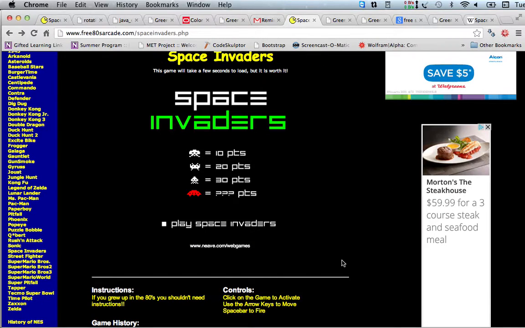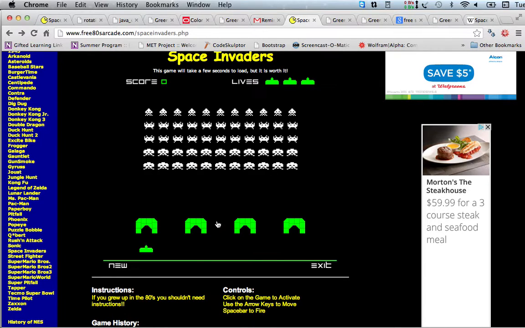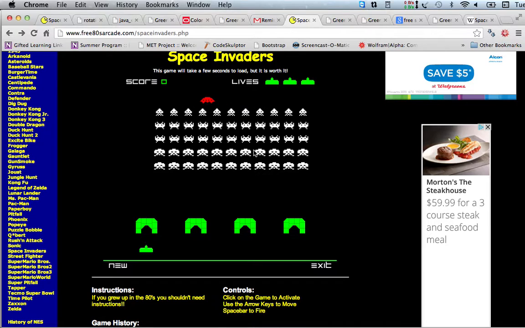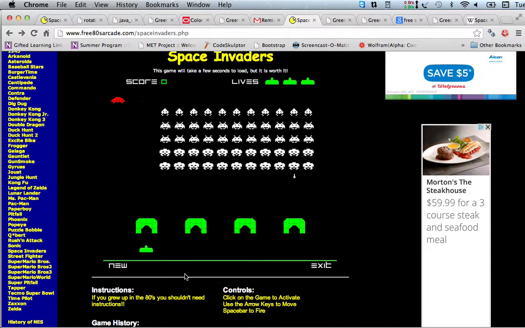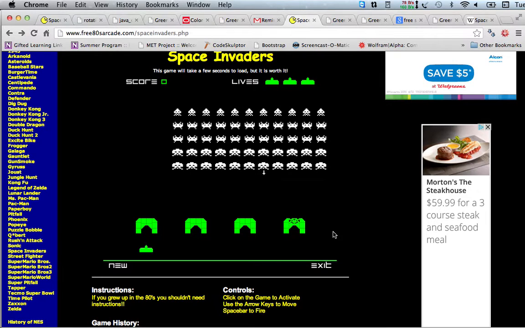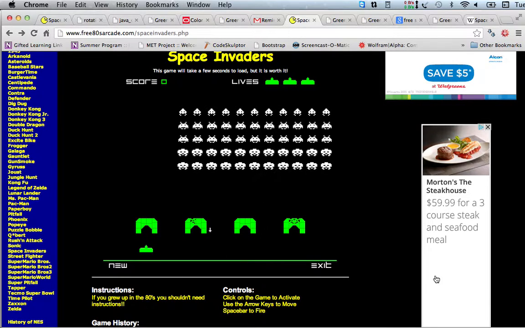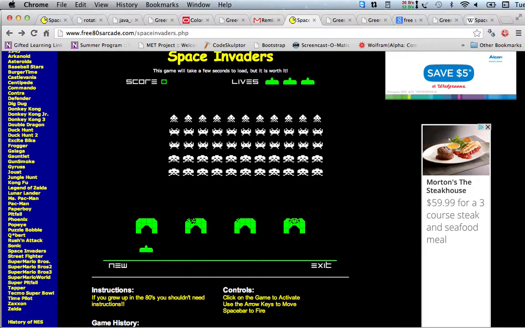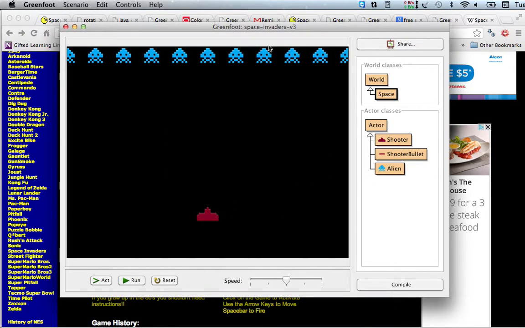So, if we look at the game over here, you can see there's a lot of room on each side, so that they're closer together, and that's kind of the look we want to go for. We're going to get these closer in.